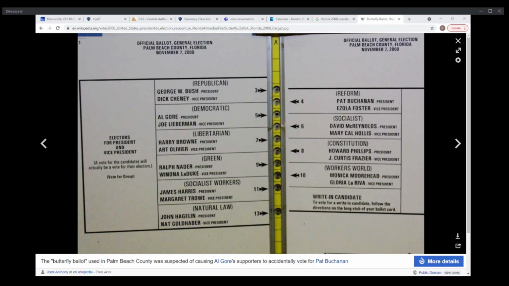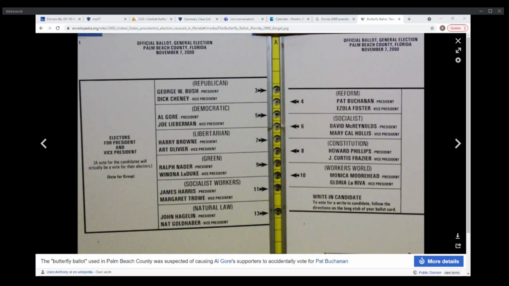In Palm Beach County alone, Pat Buchanan got 3,000 more votes than he did in the previous election. The final margin in the state of Florida was, I think, 567 votes for George Bush.